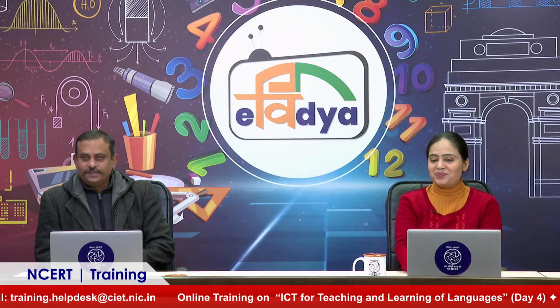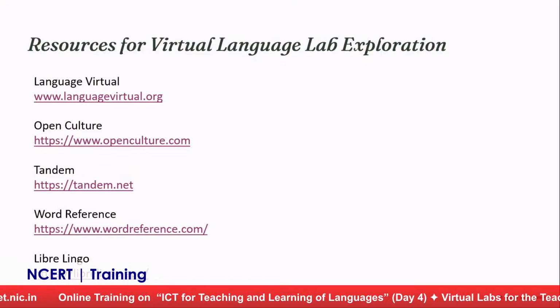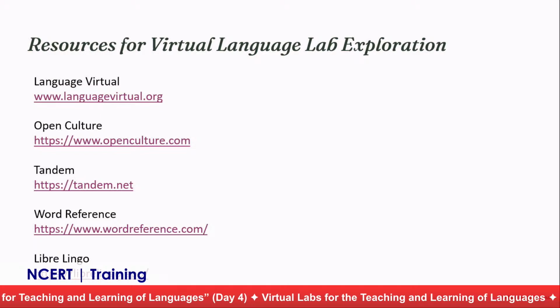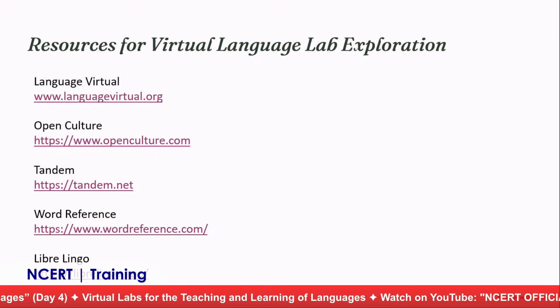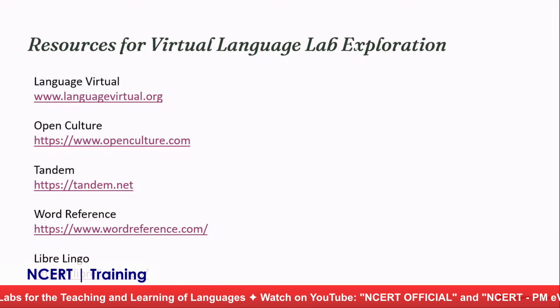There's Language Virtual, Open Culture, Tandem, to learn from each other, Word Reference, which gives you a lot of grammatical, syntax based information as well as vocabulary, and Libal Lingo, which is free language learning, unlike other language learning apps.